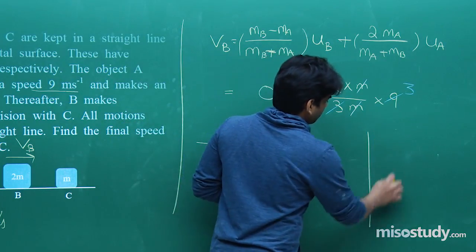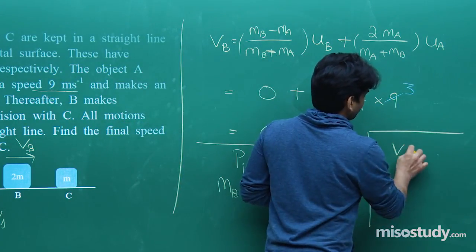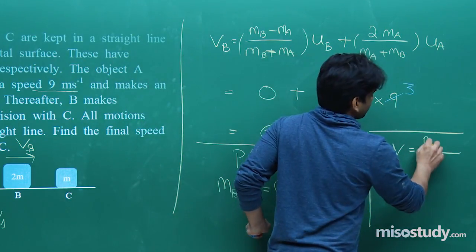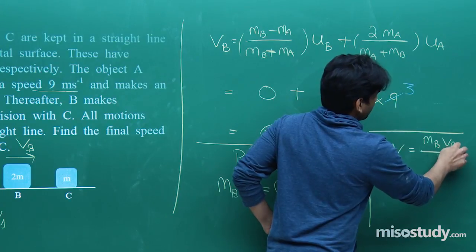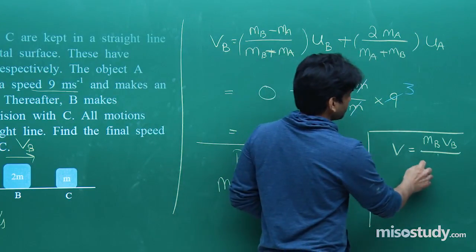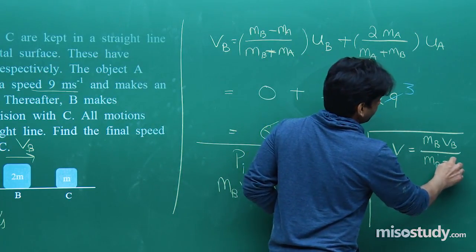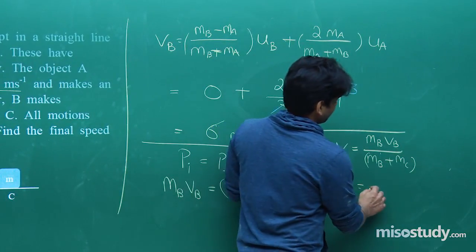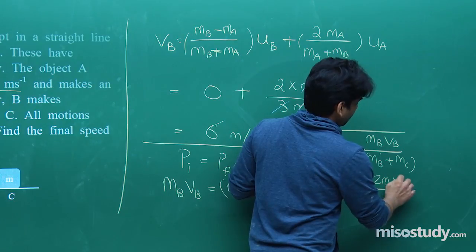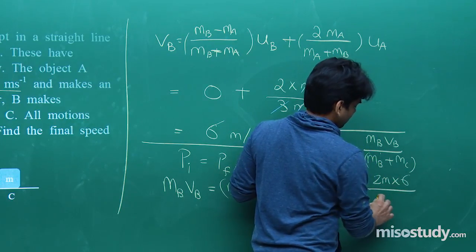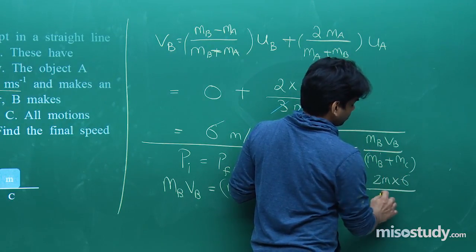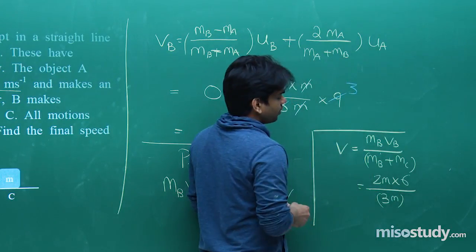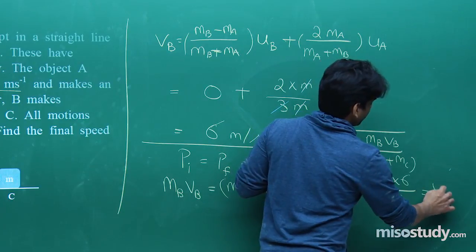So V will come out to be mass of B into VB divided by mB plus mC. Putting in the values, mass of B is 2m multiplied with 6, divided by 2 plus 1, that is 3m. So we have 12 by 3, which equals 4 meters per second.